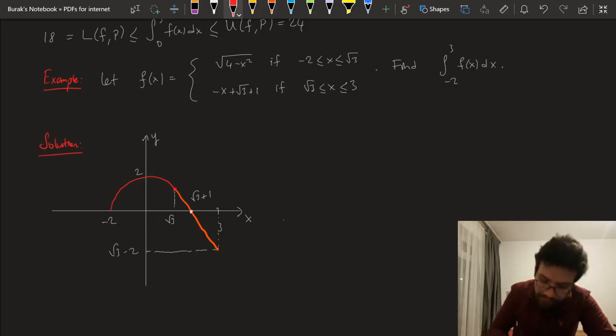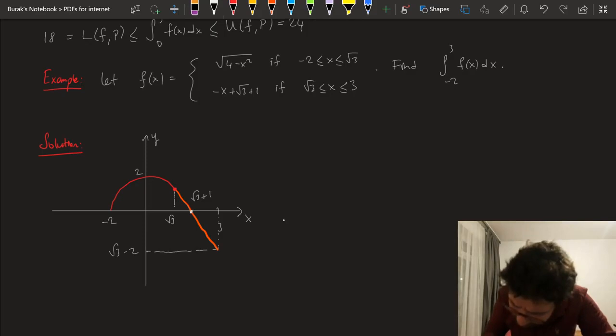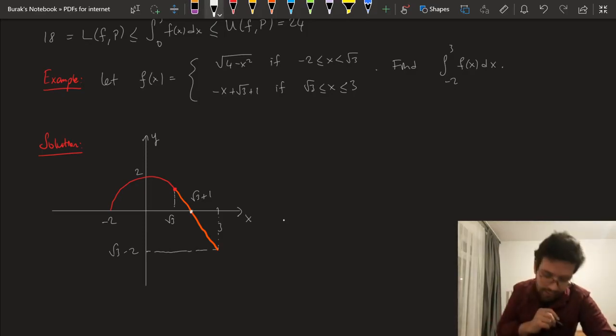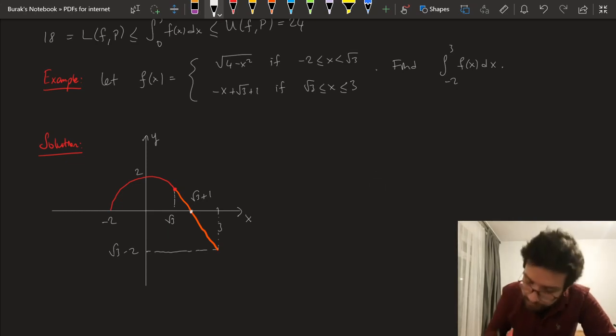The right limit at root 3 is 1, the left limit at root 3 is 1, and the value of the function at root 3 is 1, so this is continuous. I should actually delete one of these inequalities. Okay. Now, I'm asked to find the integral.